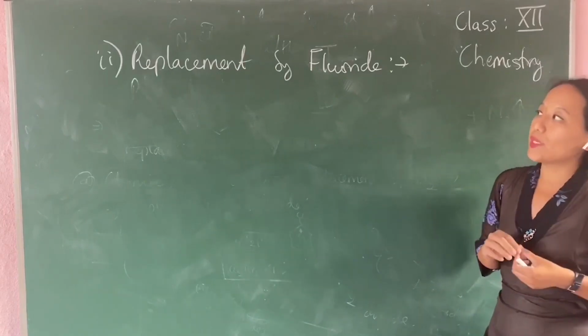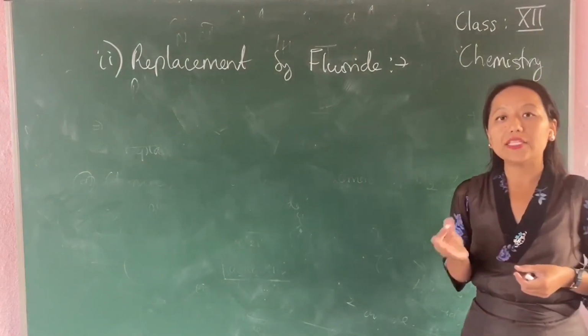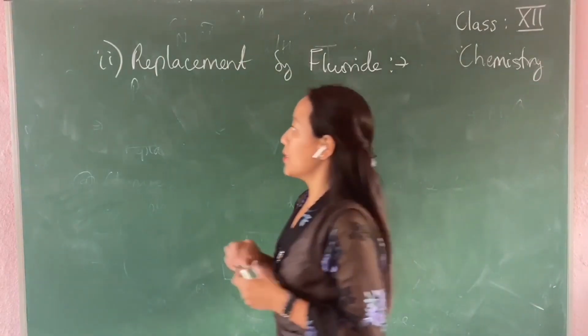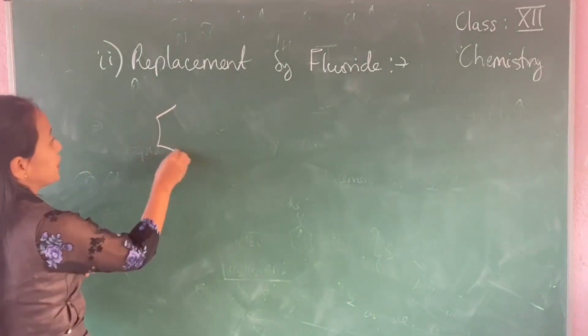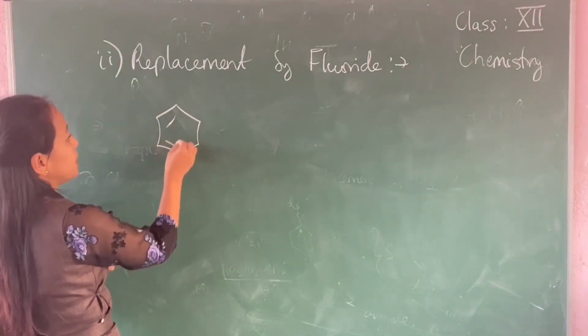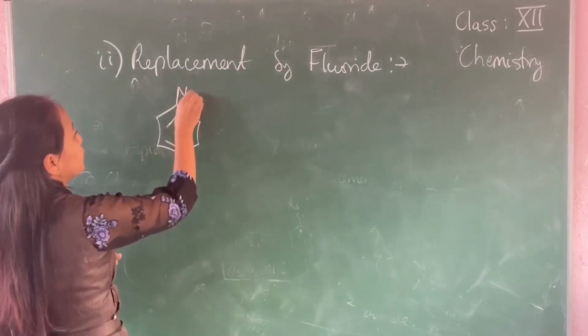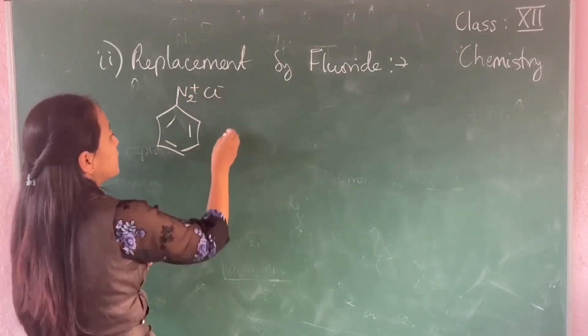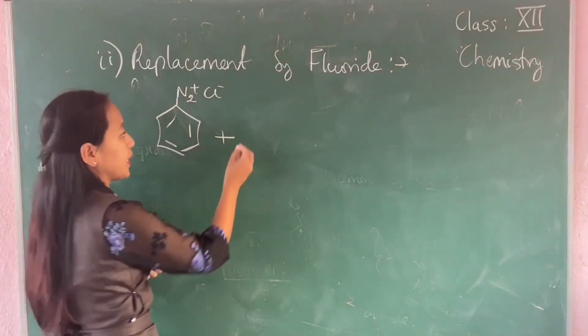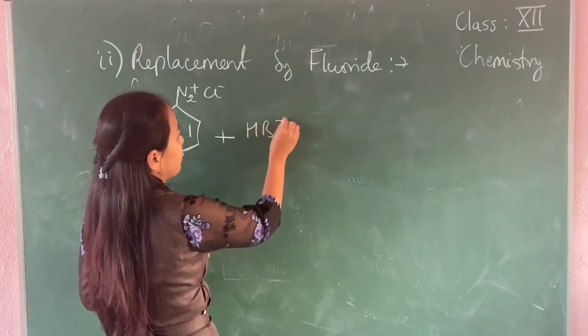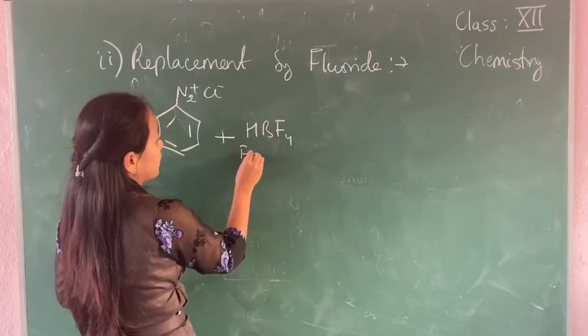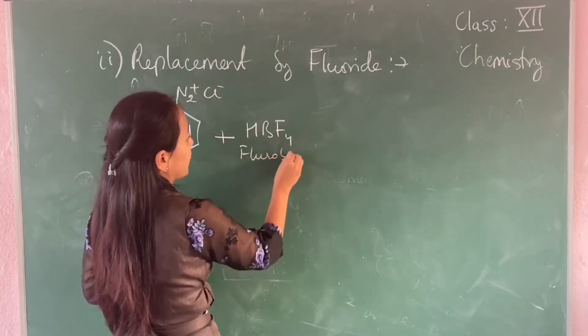Okay, then the next one is replacement of N2 by fluoride ion. In this case, we are going to treat benzene diazonium chloride, N2 plus Cl minus, with fluoroboric acid, that is HBF4.